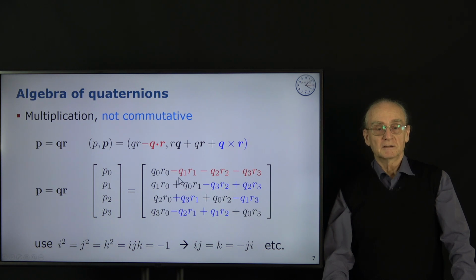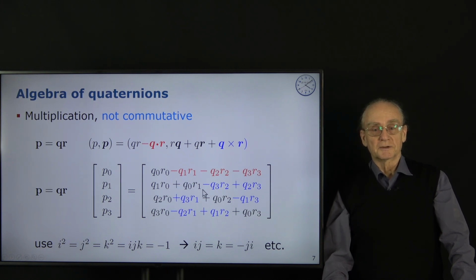And then we see here minus the scalar product of the two vectors. And then we see the multiplication of r with q. So r corresponds here to r0. So we have here r0, r0, r0 multiplied with q. We have q times the vector r, which is here on the diagonal.